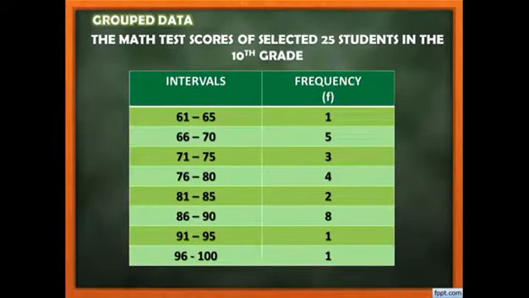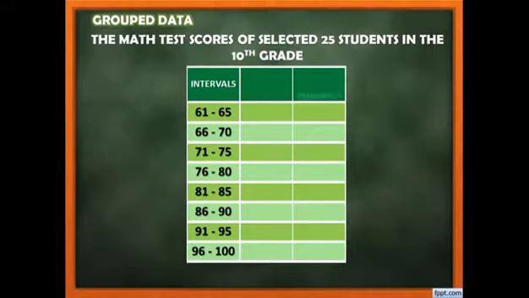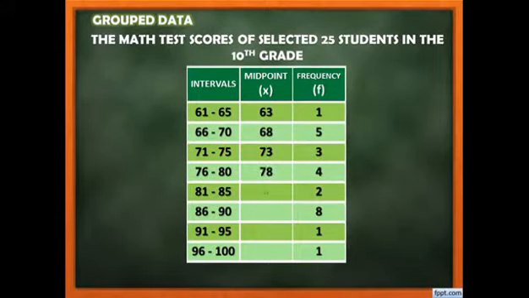The data shows the test scores in math of 25 students in the 10th grade. Just like what we did on the ungrouped data, we're going to get first the mean for our data. Using this table, let's put the midpoint of each interval into a column. Now to get the mean, we use the formula mean is equal to the summation of the product of x and f all over n.